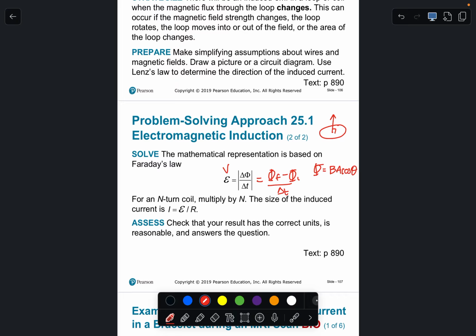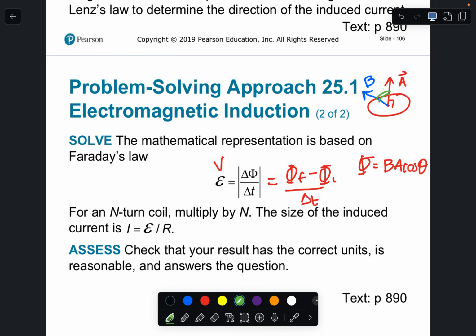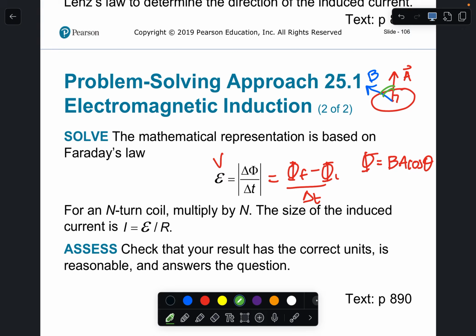So we want the angle between the B field and the area vector, which would be this angle right here. Okay, it's not the angle made with the area. It's not that angle. Pick a color. It's not the orange angle. It's the green angle between the two vectors. Okay?